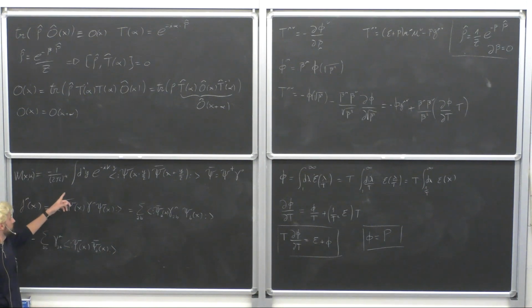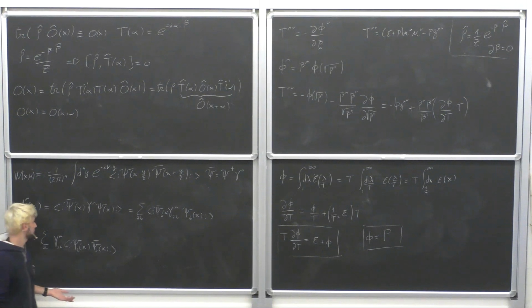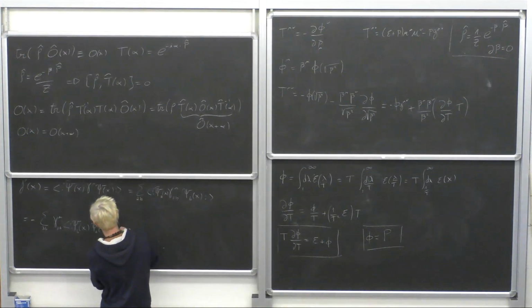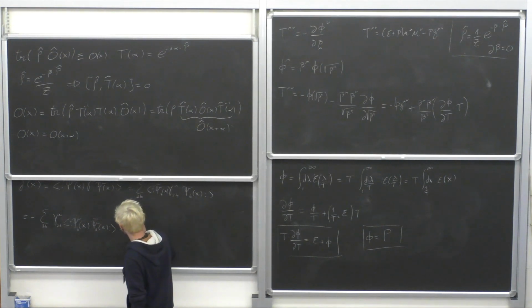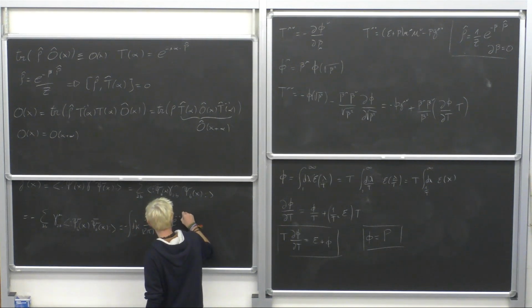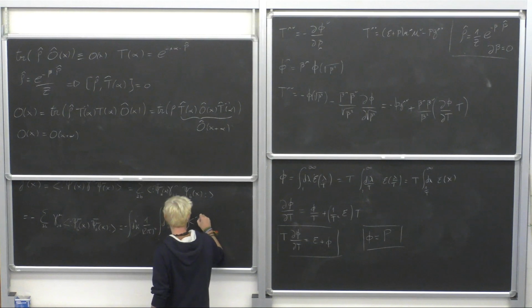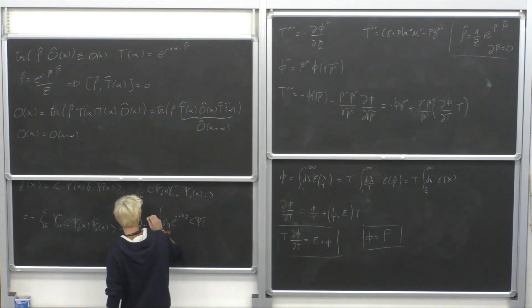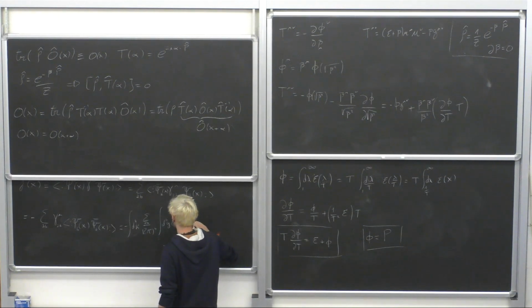And now what I do is just I insert a delta function, which I also integrate out. So this is equal to the integral d^4k 1 over (2 pi)^4, minus... I forgot the summation. Sum AB.